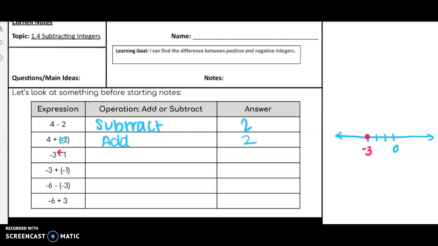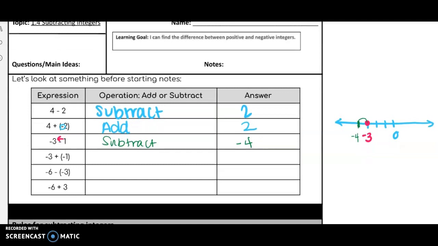So it's saying negative 3, go to the left 1 on the number line. So that means that we're going to go one more spot. And so now I'm at 1, 2, 3, 4. So now I'm at negative 4. So this was subtraction, and now that equals negative 4.